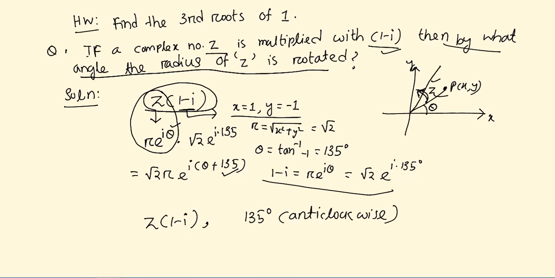So we can draw the complex number z whole into 1 minus I, and this angle is 135 degree, and the total angle of z whole into 1 minus I with real axis is theta plus 135 degree.